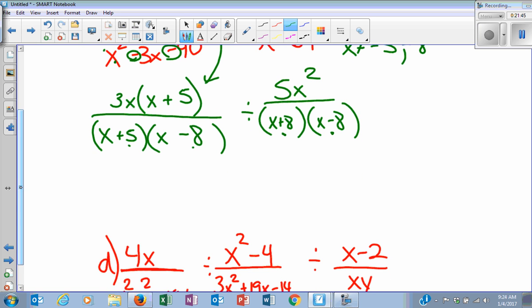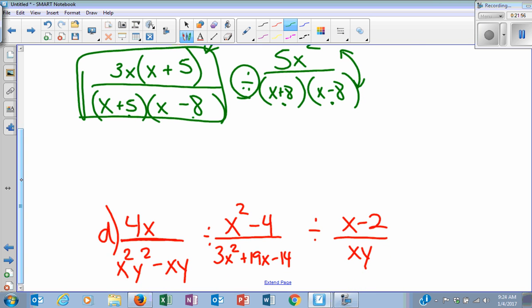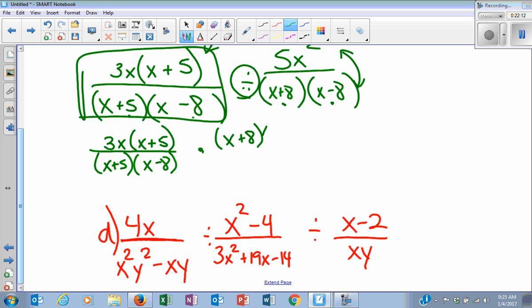Now, if you remember what we did last time, we keep this number right here, keep that, change this to multiplication, and flip this over, do the reciprocal. So it's going to look like this: 3x, x plus 5, keeping this the same, over x plus 5, x minus 8, and I'm going to times it now by x plus 8, x minus 8, over 5x squared.